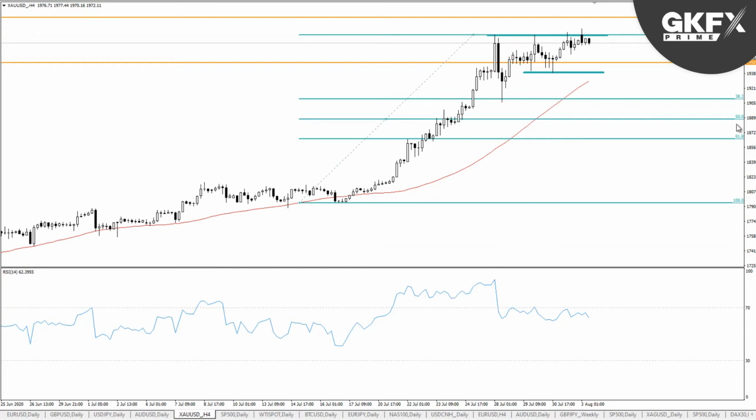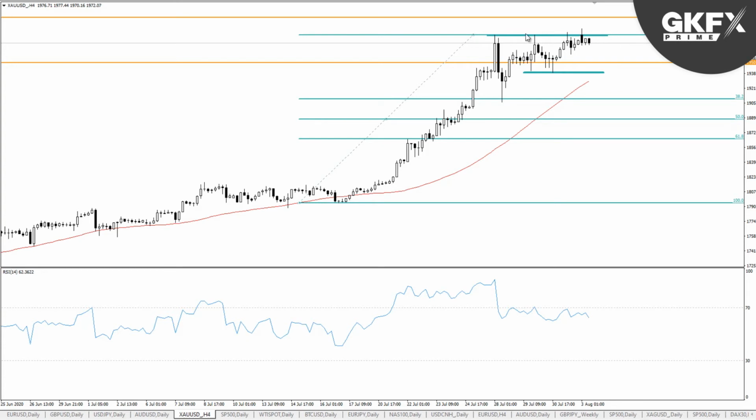Of course we could have a big pullback first, but we're around $10 shy, so it doesn't seem like a massive call at this point to say that gold could hit that $2,000 per ounce mark. It's already done so in those distant month futures contracts. I think it was a December contract that already hit 2,000. The front month futures has not hit it yet, and nor has the spot price.